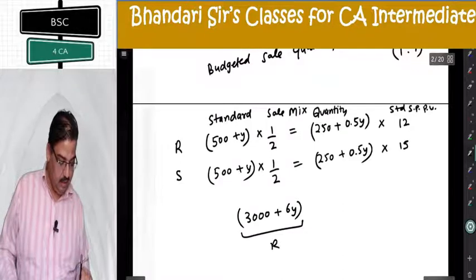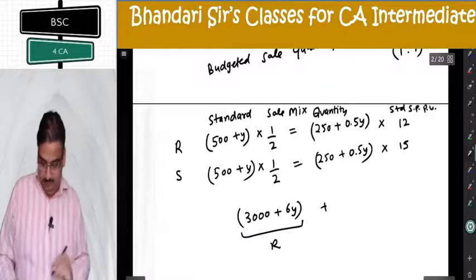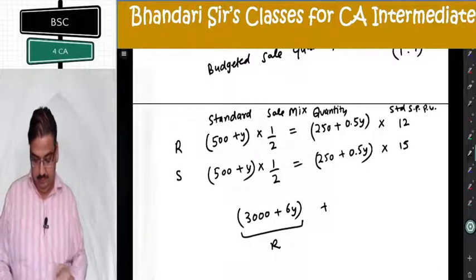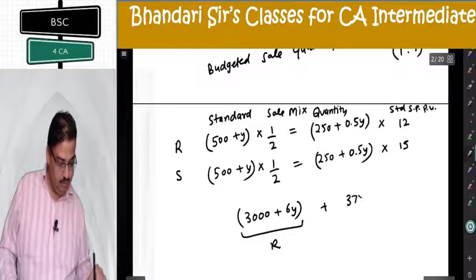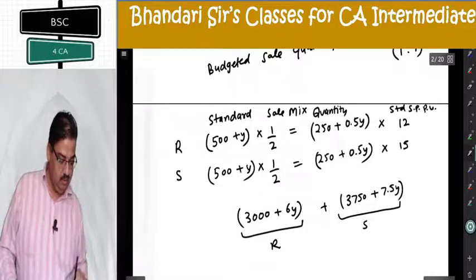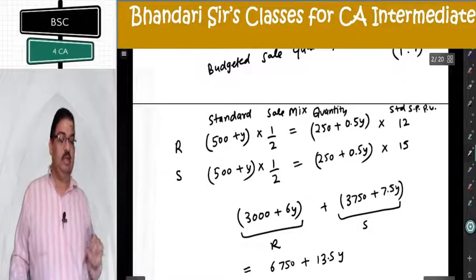This is for R. And 250 into 15, 3750 plus 7.5Y. This is for S. Once I aggregate, 6750 plus 13.5Y. This is SV3.